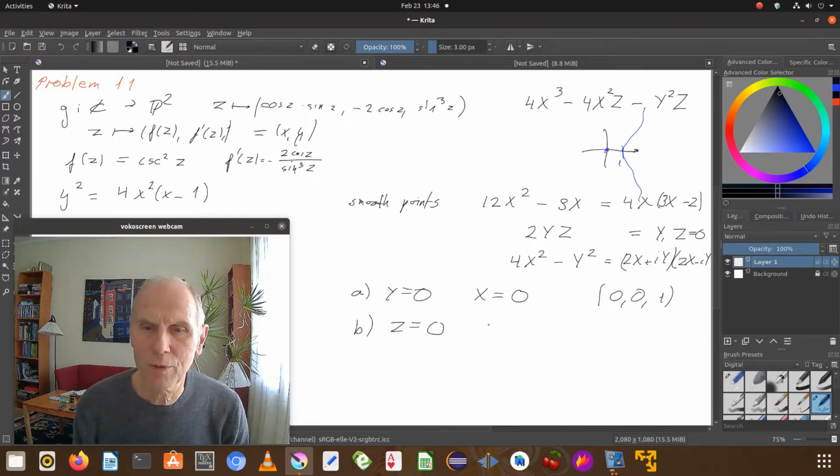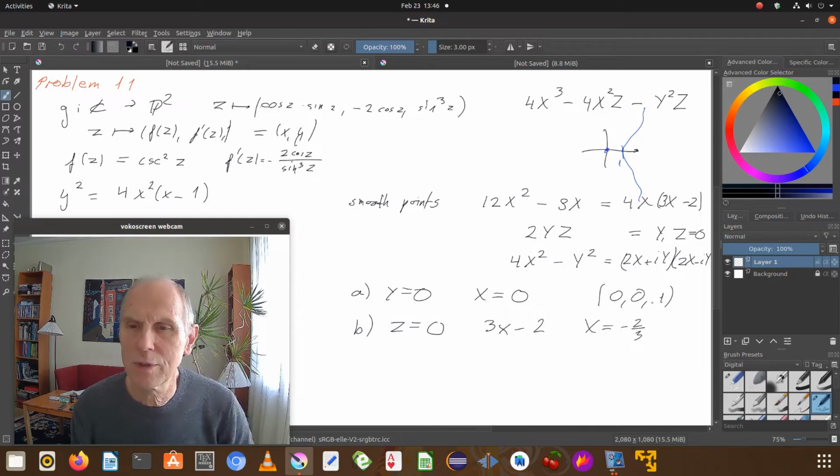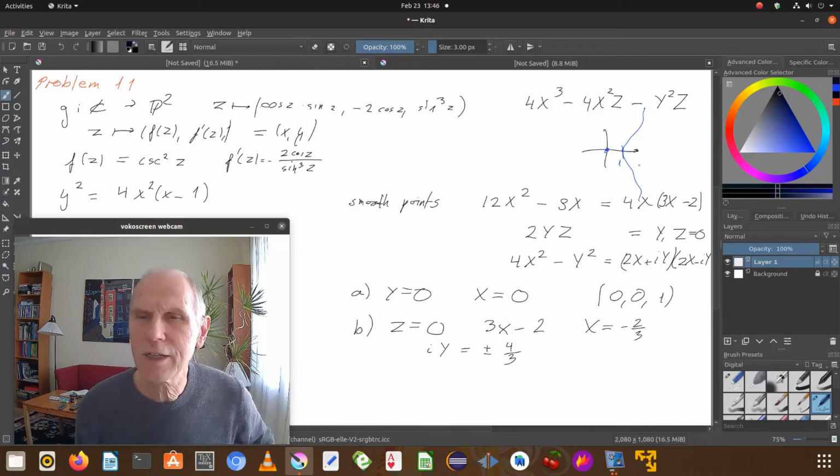So we have 3x minus 2 vanishes, so x equals minus 2/3. And this gives a value for y. Now this was surprising. I'll just check that once again.